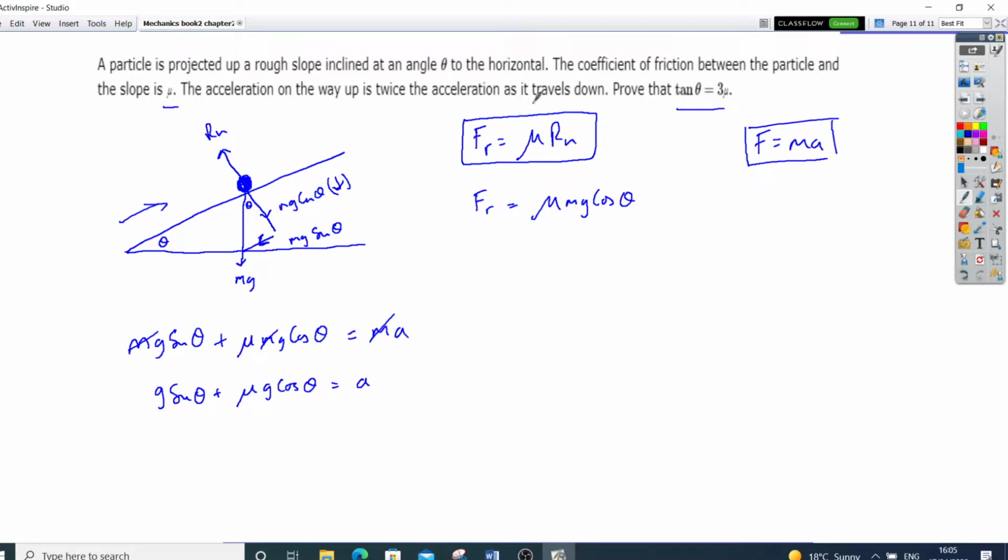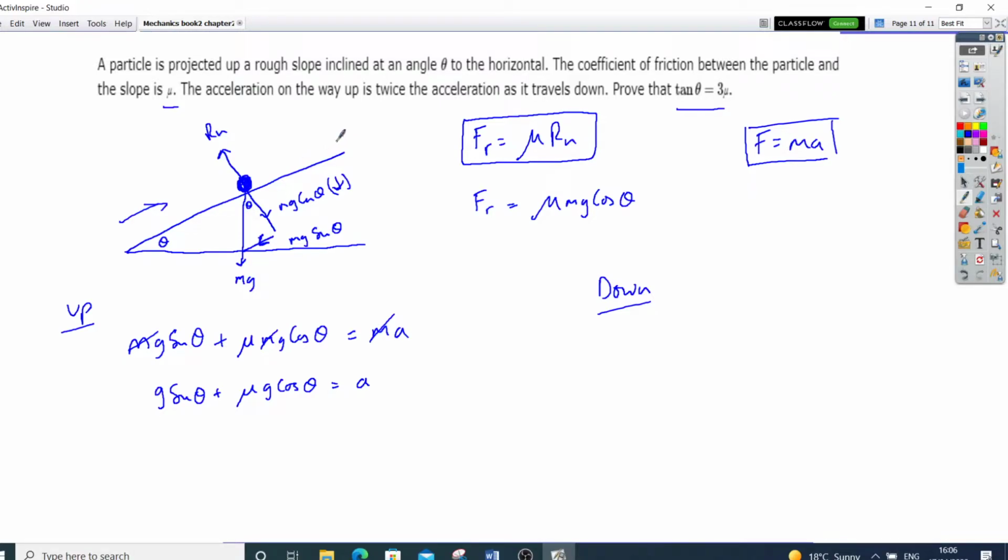So that's the acceleration on the way up, and that's going to be twice the acceleration down. Let's look at down. When it comes down, it would have stopped and then start moving down.